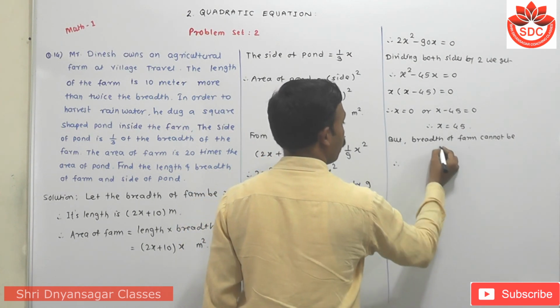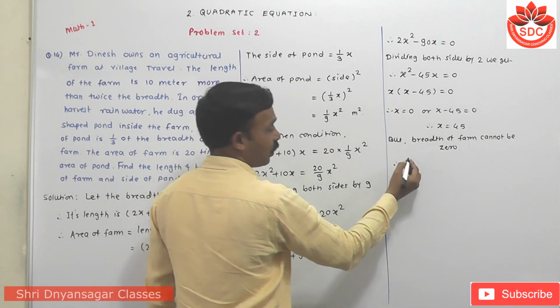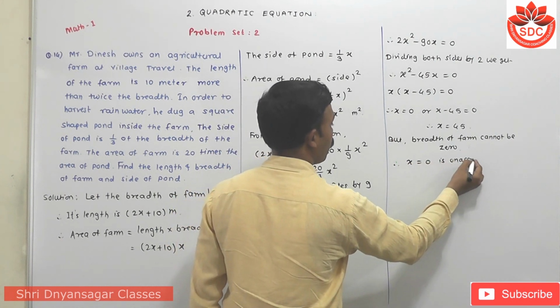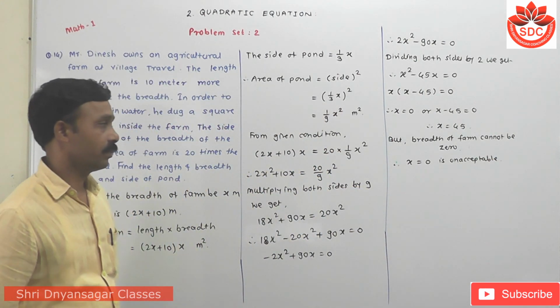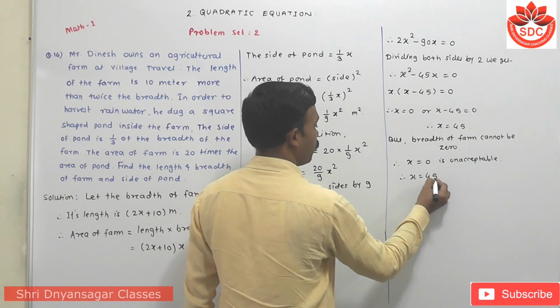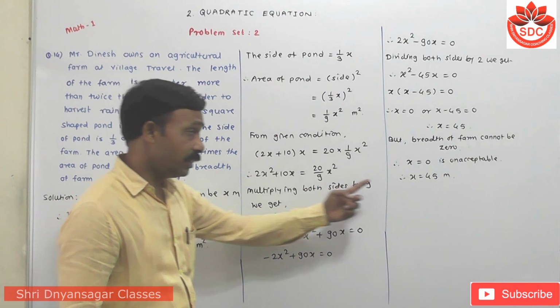So x is equal to 0 is unacceptable. Therefore, x is equal to 45 meter. This is the breadth.